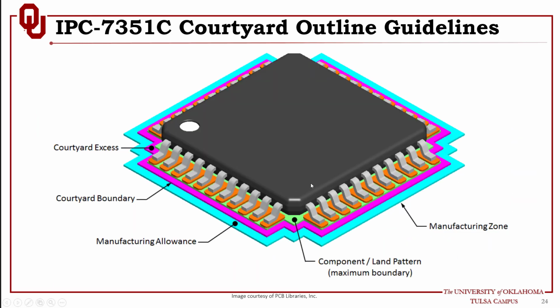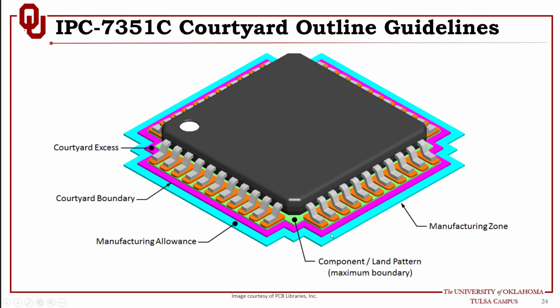This is, I think, the end of this presentation. Here you can see you have the physical component. Here you have the pads, the copper pads, and here you will see in the magenta is the courtyard boundaries.